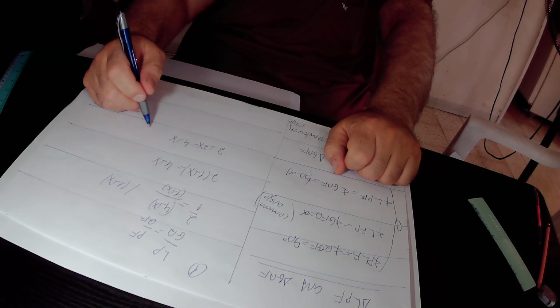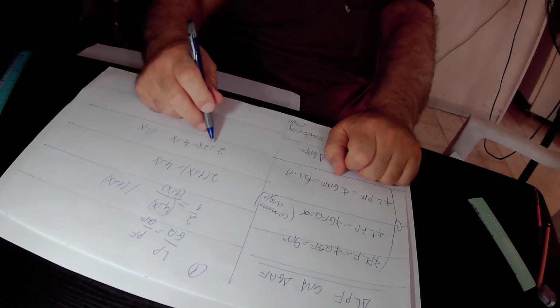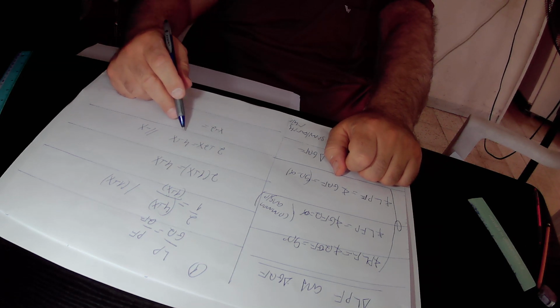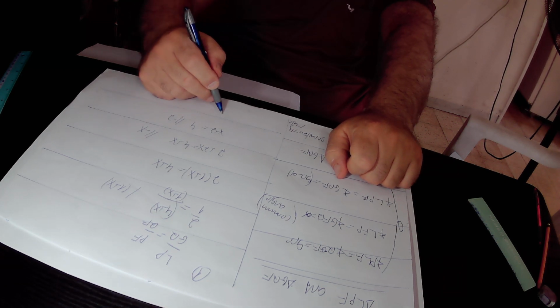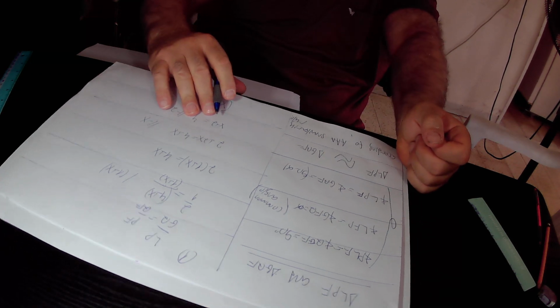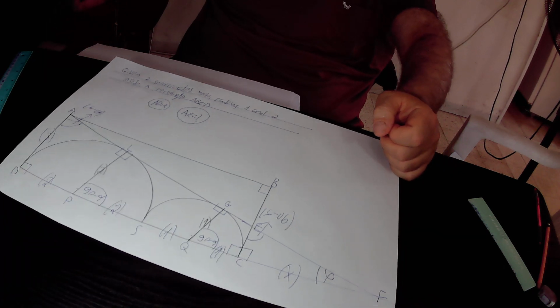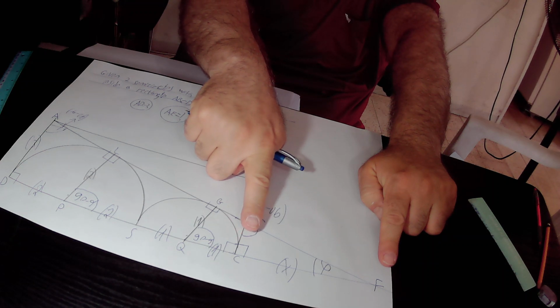Here we subtract x from the equation and we get that 2x minus x is x. So on this side of the equation we have x plus 2 equals 4. Here we subtract 2 from the equation, and finally we get that x equals 4 minus 2, which is 2, so x equals 2 units in length. So line segment CF, which equals x, is equal to 2 units.